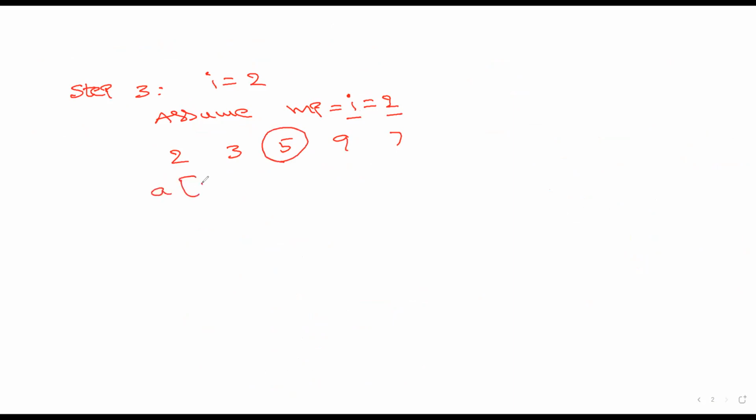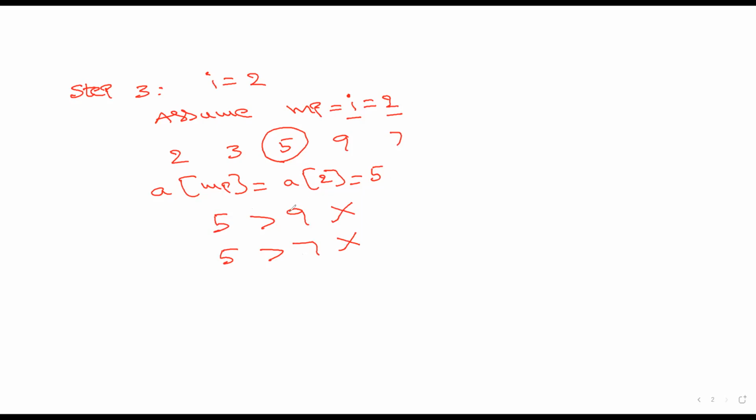So A of minimum position, that is A of 2, the value is 5. That position element we have to compare with its next element. 5 is greater than 9? Condition fails. There is no need to change minimum position. 5 is greater than 7? Condition fails again. There is no need to change minimum position.